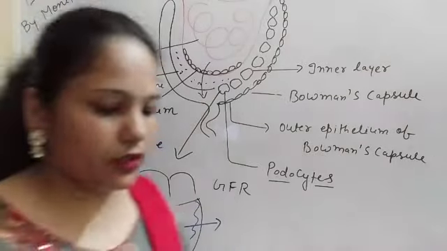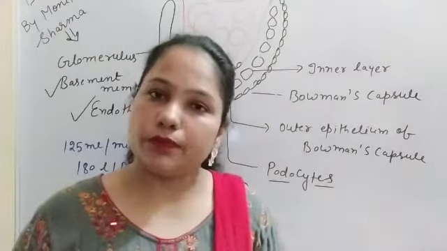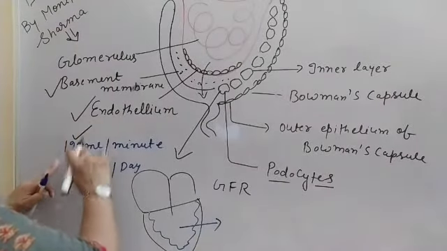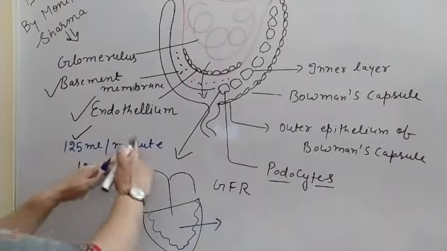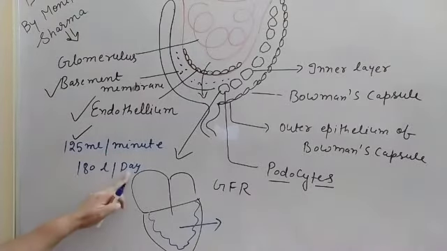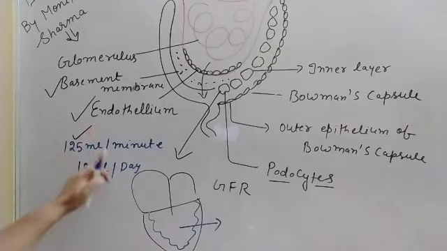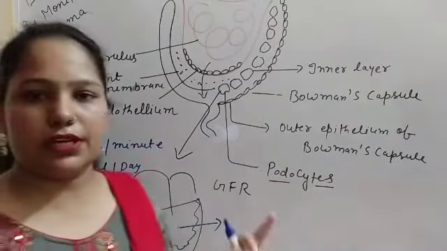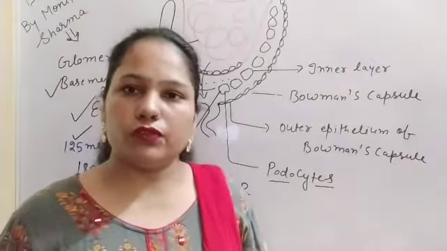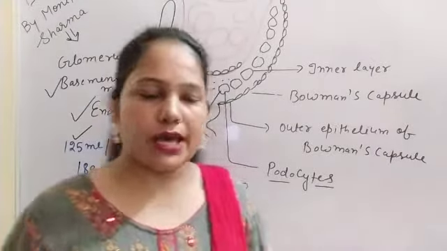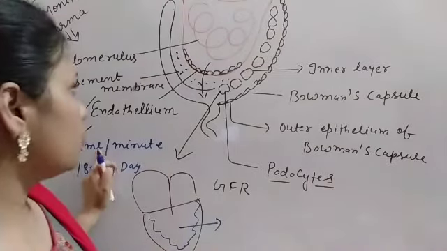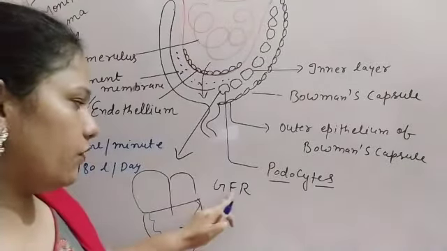The amount of filtrate formed by the kidney is 125 ml per minute, or 180 liters per day. This question always comes: what is GFR? It is the amount of filtrate filtered by the glomerulus per minute.